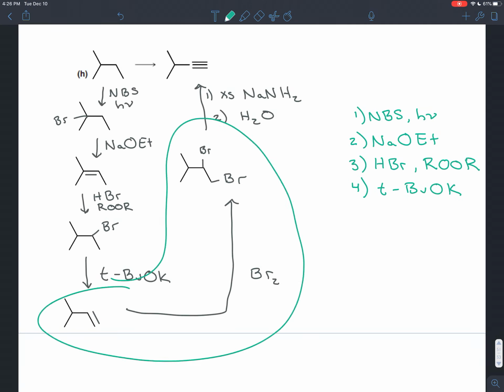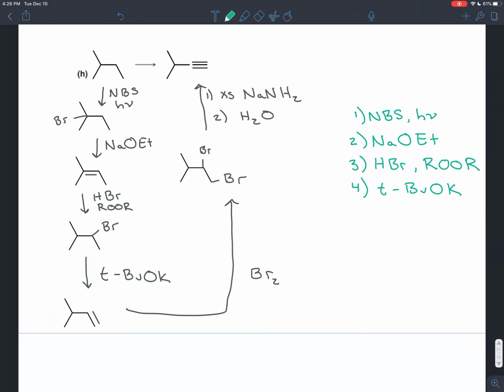Once we had that, we were able to make our vicinal dihalide by adding Br2. And those bromines would have added anti to each other. And once we have those two leaving groups on our molecule, we could do two elimination reactions to create the two pi bonds in the alkyne.